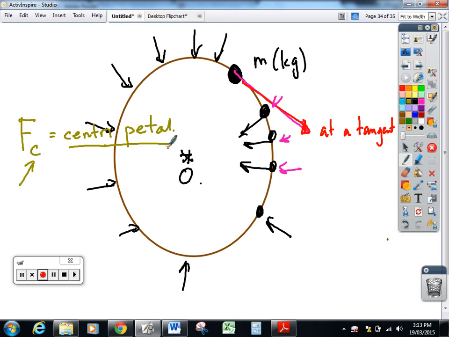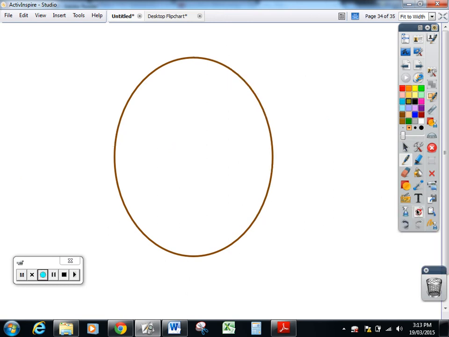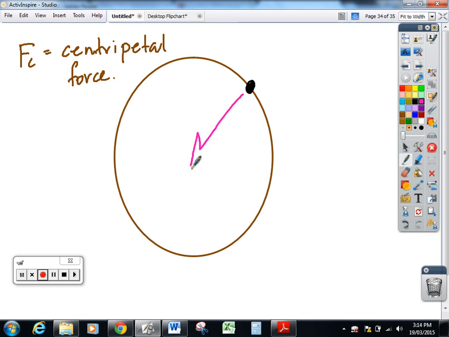So let's write that down. FC is going to be called the centripetal force. So if we put our mass back on again, here's our mass, then it's as if there is a single force, it doesn't have to be a big force, that pulls it towards the centre of the circle.